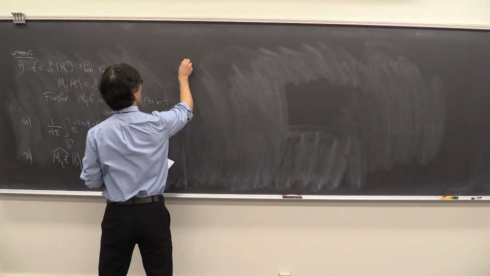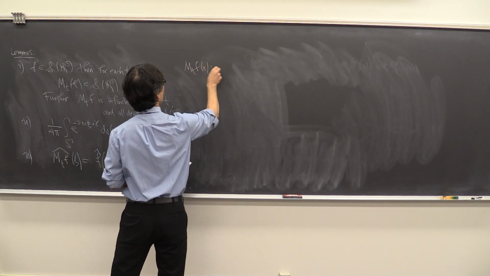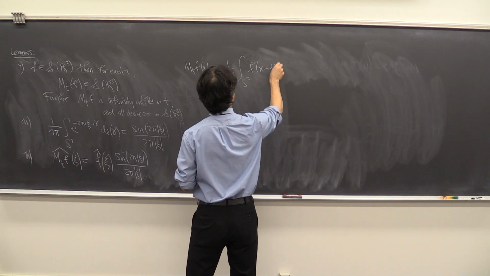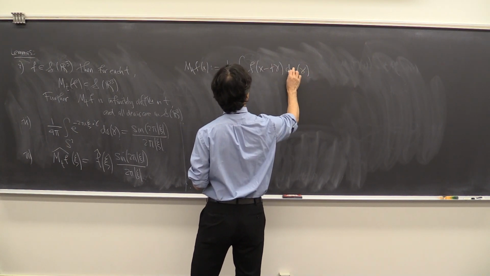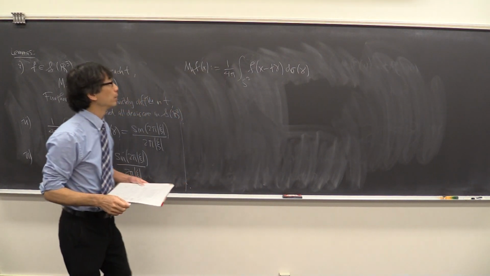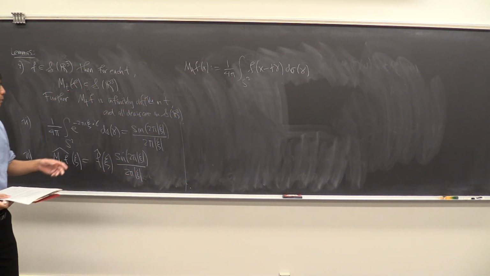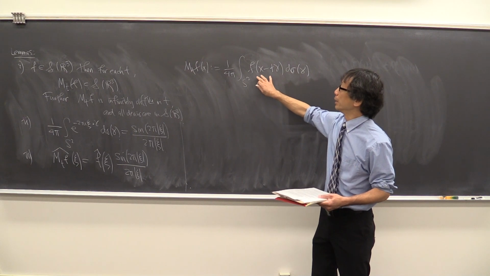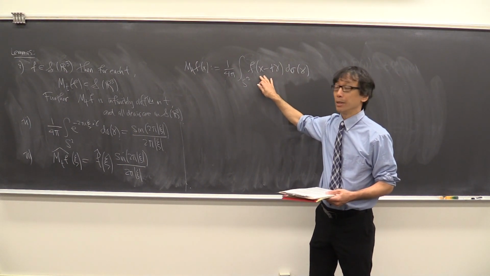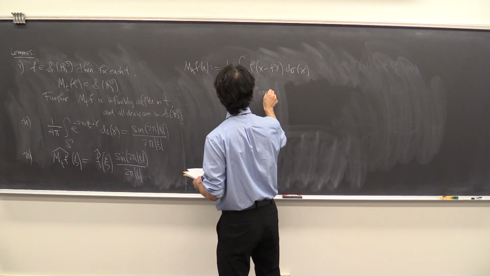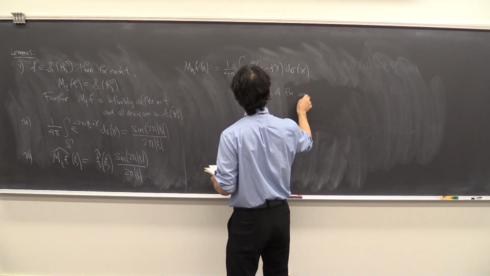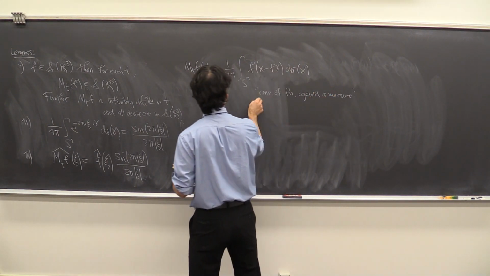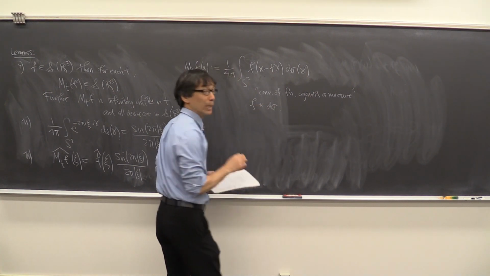remember the spherical mean looks like this: 1 over 4 pi, the integral over S squared of f of x minus t gamma d sigma of gamma. One way of thinking about this is that it looks like a convolution. This is actually what's called a convolution of a function against a measure, f convolved with the measure.